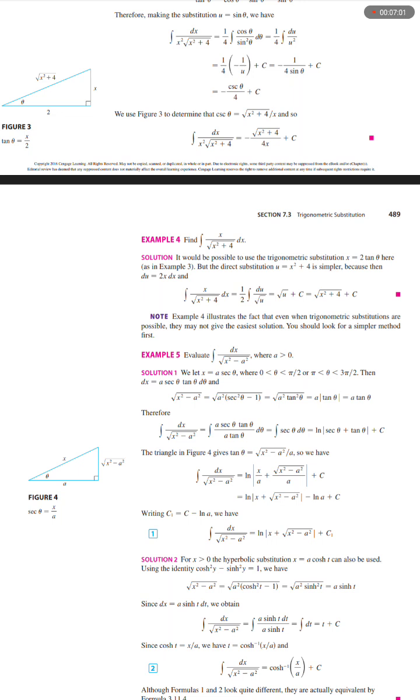Therefore, the integral of dx over the square root of x squared minus a squared equals the integral of a secant theta tangent theta over a tangent theta d theta, equals the integral of secant theta d theta, equals the natural log of the absolute value of secant theta plus tangent theta plus C. The triangle in figure 4 gives tangent theta equals the square root of x squared minus a squared over a.